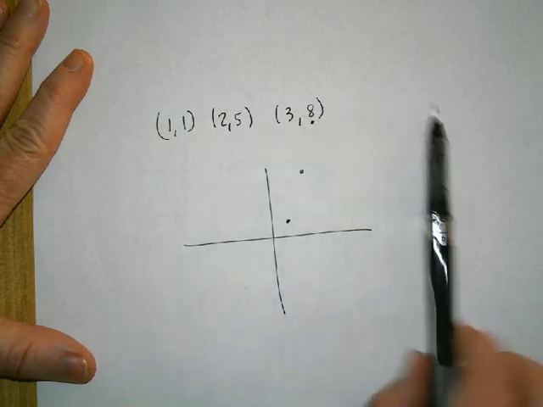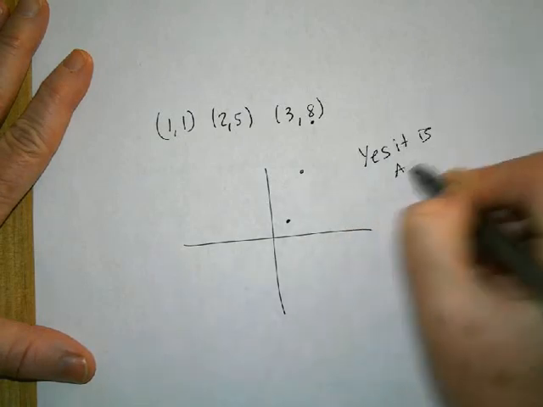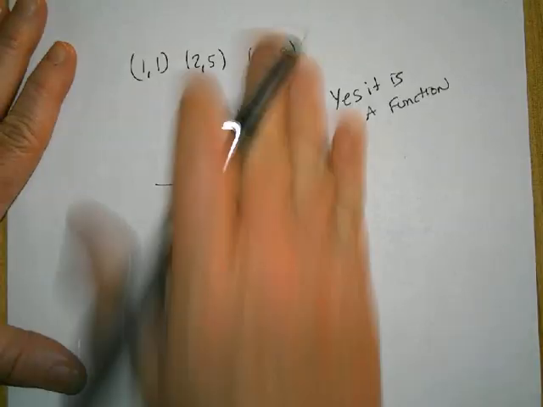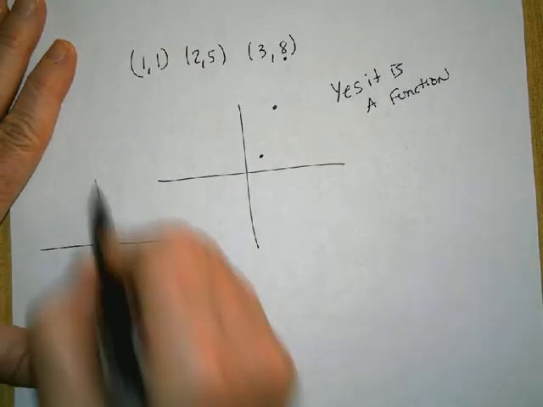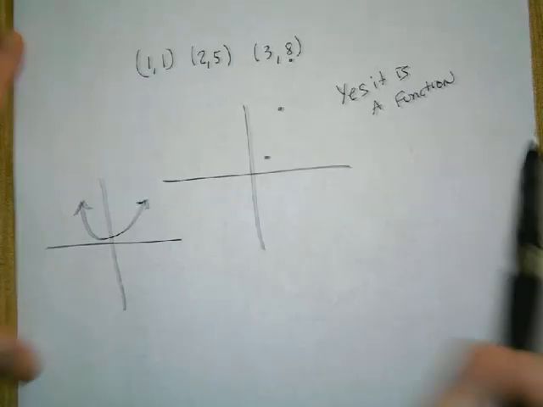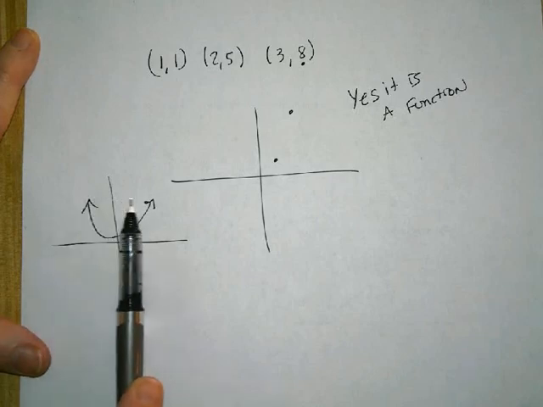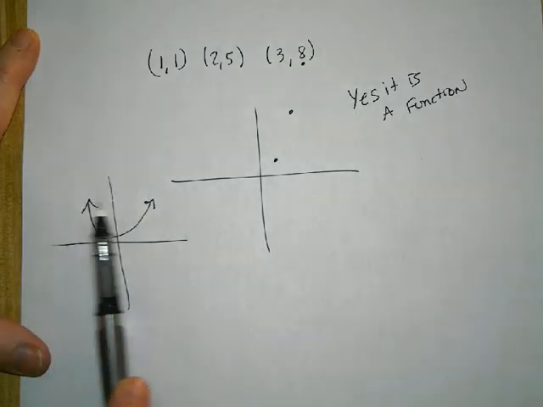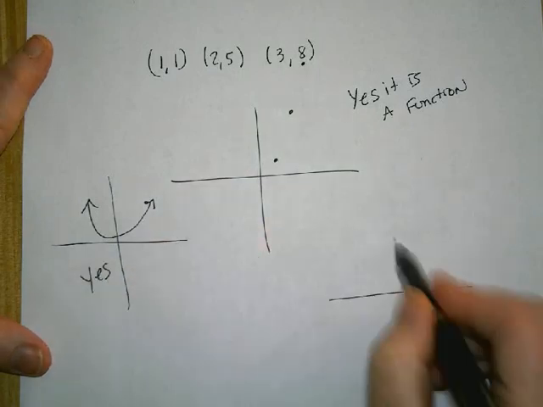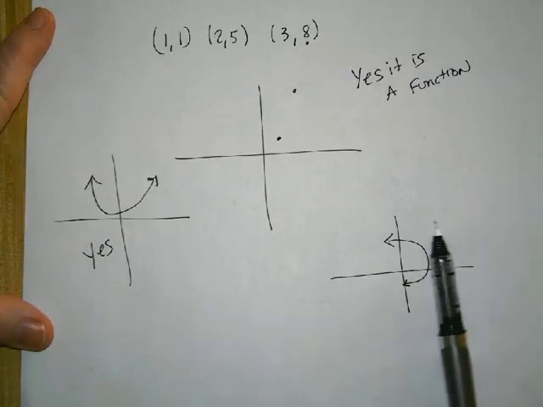No. Then yes, it is a function. They might not give you points, they might give you a picture. They might give you a parabola. Now you know I can't draw, but that's supposed to be a U-shaped graph. Is this a function? Does the vertical line touch it twice? No. So this one's yes. What if I turned that and I had it looking like this? Is this a function? No.